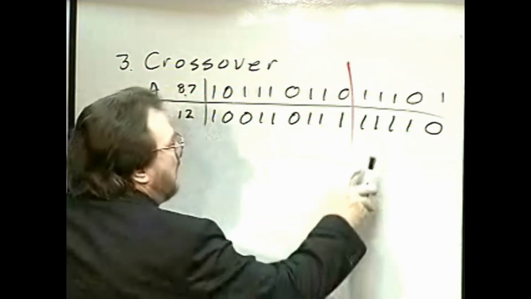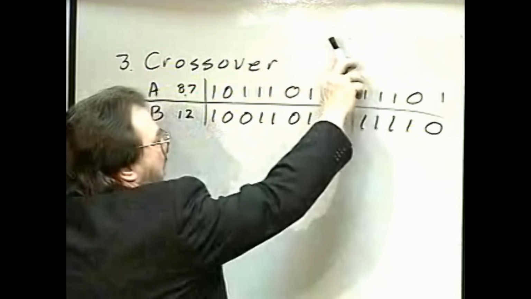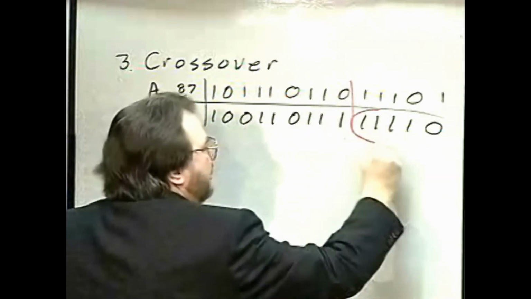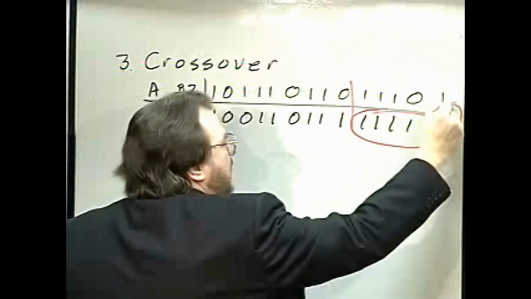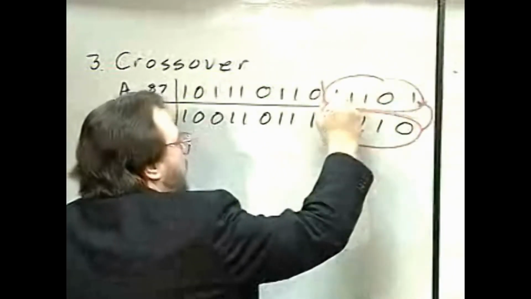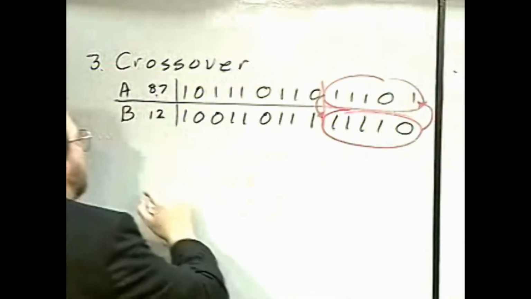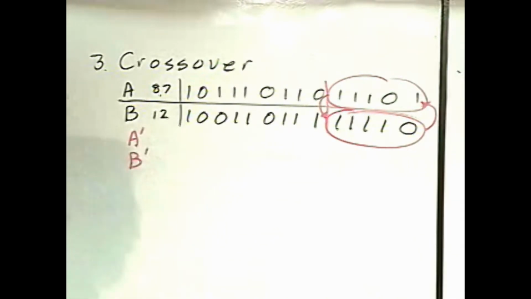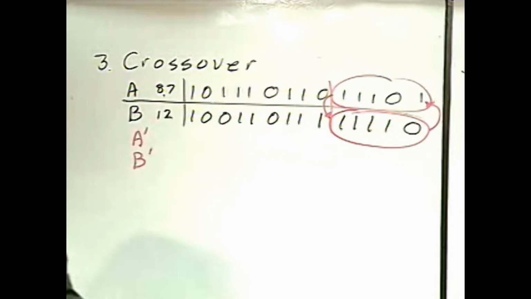Now, what we are going to do now is we're going to take this part of the chromosome, and we're going to put it up here. We're going to take this part of the chromosome, put it down here, and we are going to come up with new chromosomes called A prime and B prime corresponding to this result of the crossover.